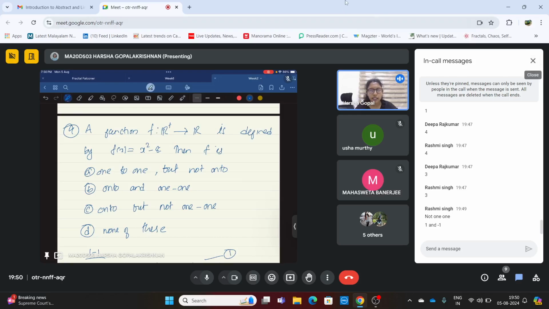If you don't know the notation, R plus means the set of all positive real numbers. If it is R, obviously it is not 1-1 because both 1 and minus 1 will go to the same image. But now our domain is restricted to R plus. Now what do you think, whether it is 1-1? Sorry, not about onto, whether it is 1-1.